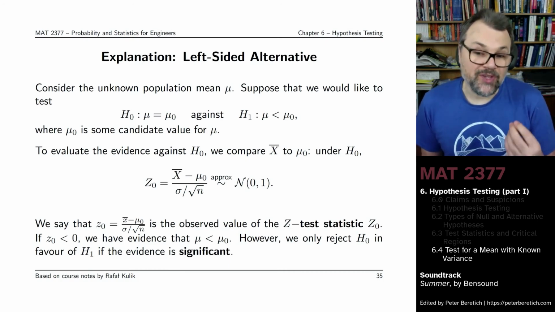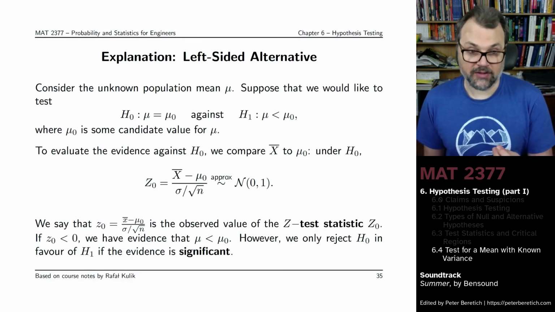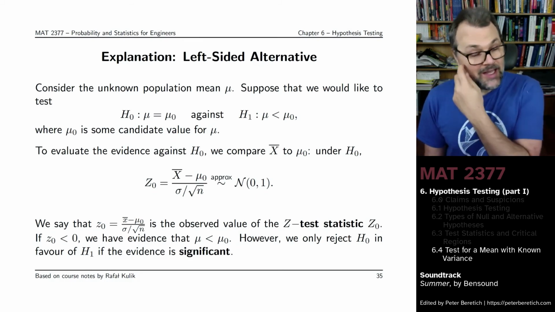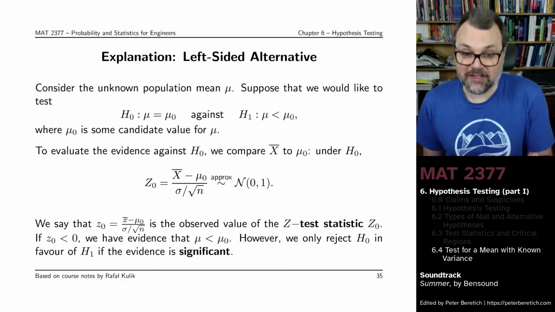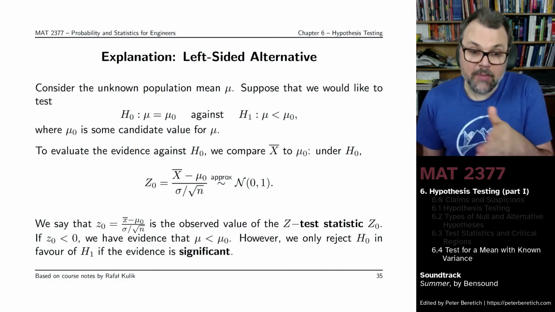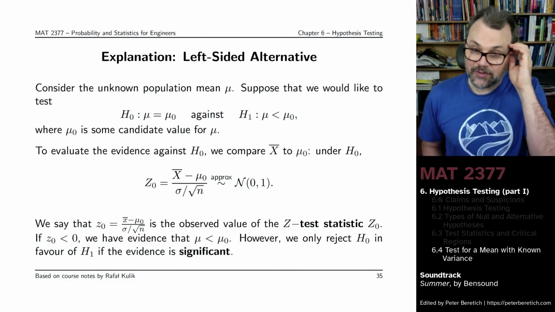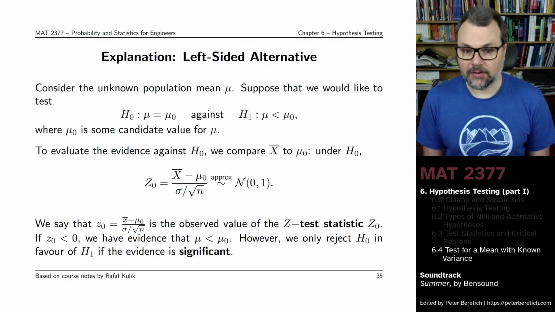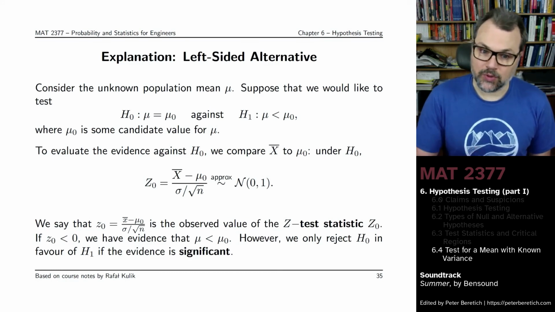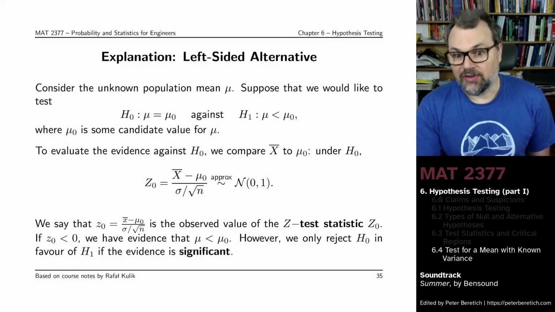But you would only reject the null hypothesis in favor of the alternative if the evidence is in fact significant. Having some evidence is not enough. How much smaller than 0 does it have to be before you feel comfortable in rejecting the null hypothesis? Right? Because if the null hypothesis was true, this thing should be very close to 0 for the most part.